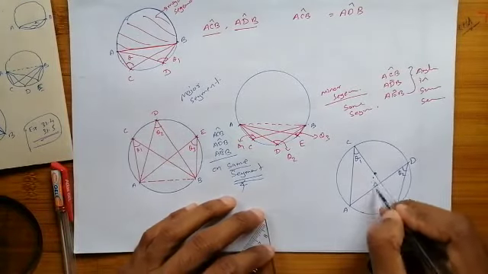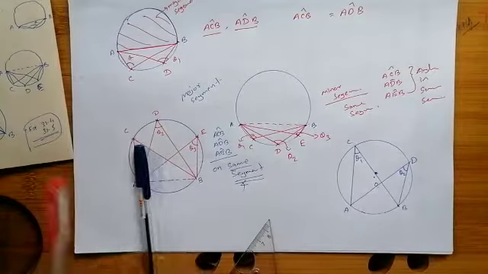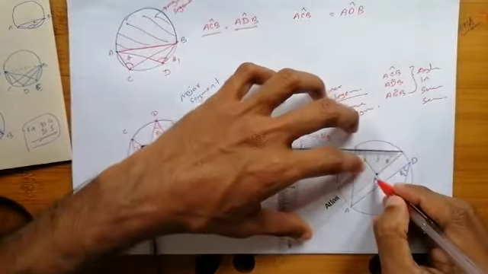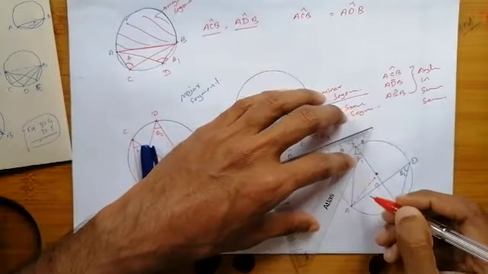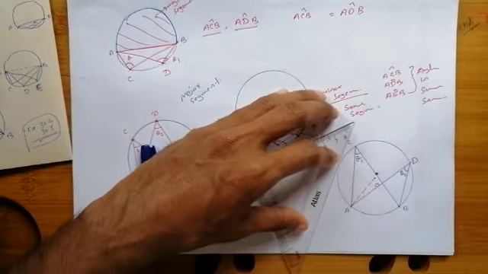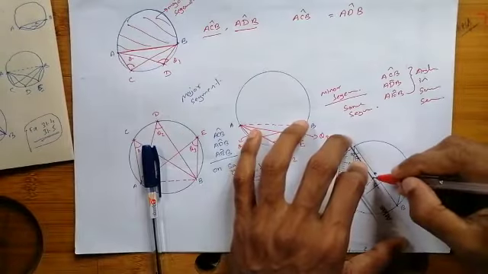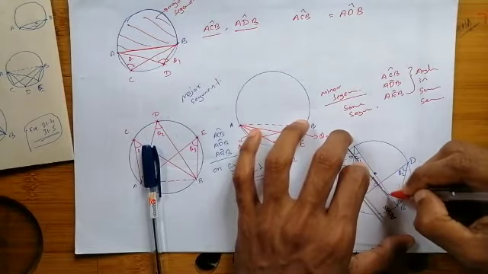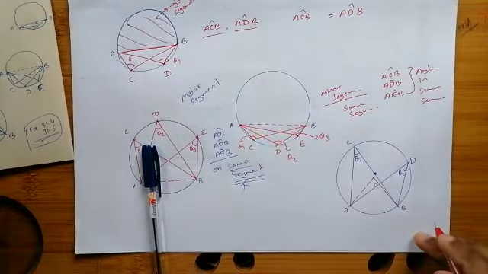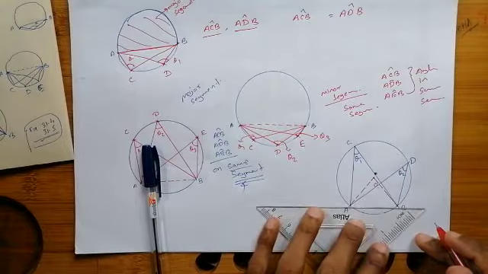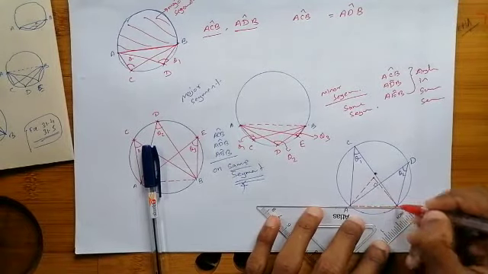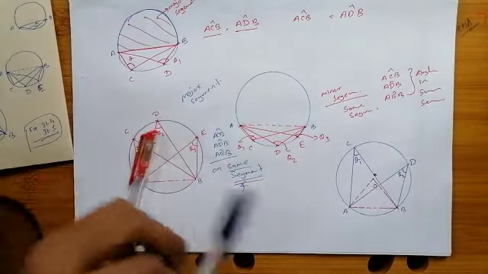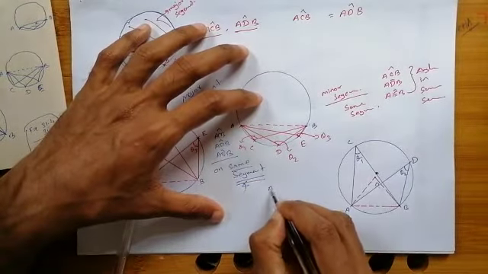The center is named as O. So I'll connect the center with red, and I'll connect AB also.